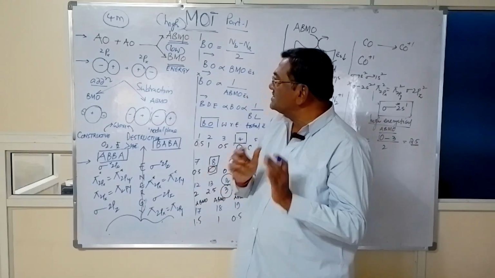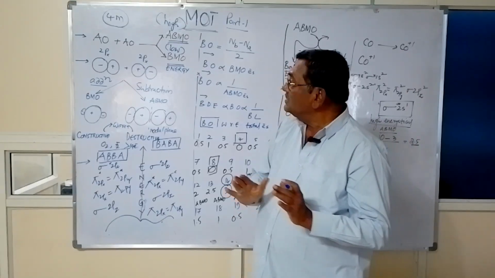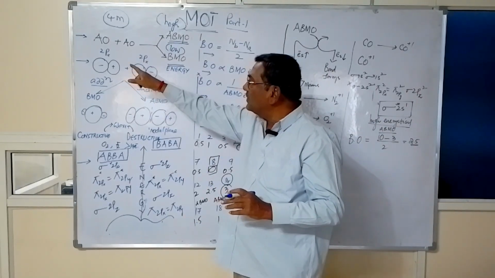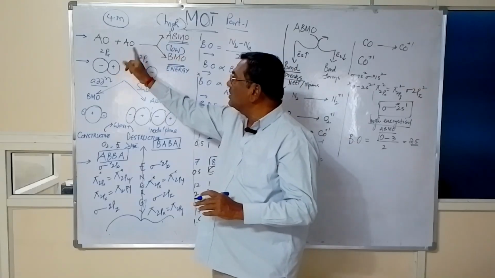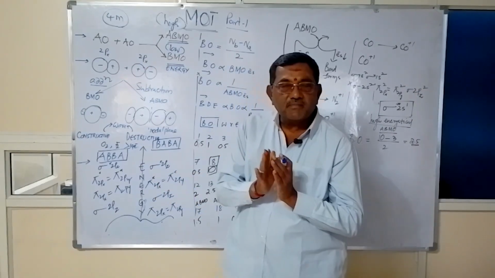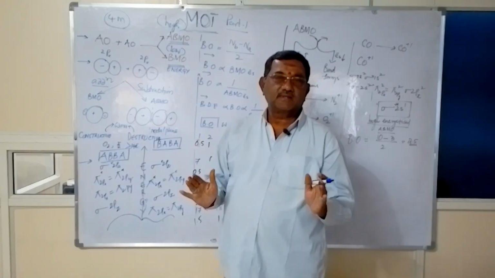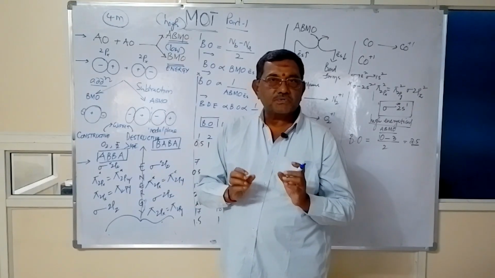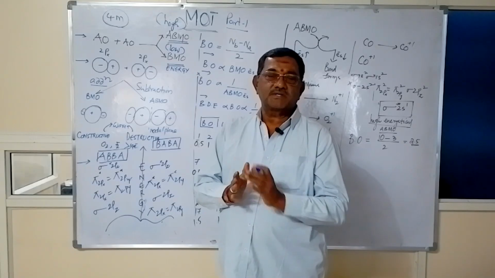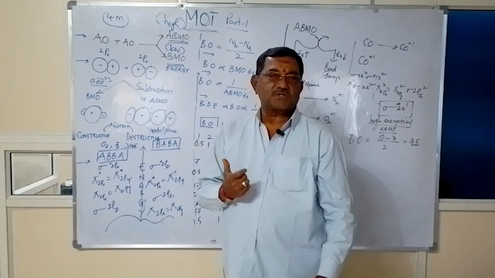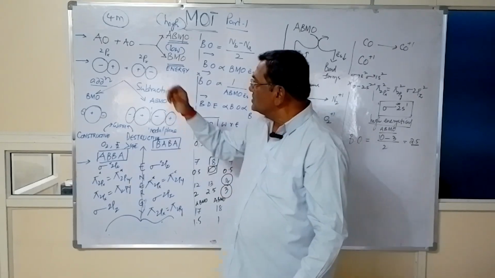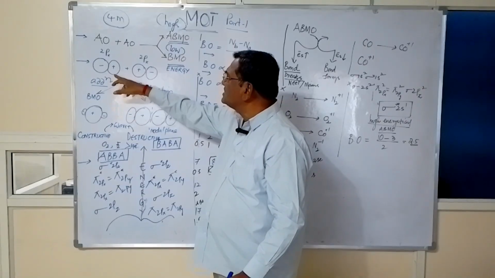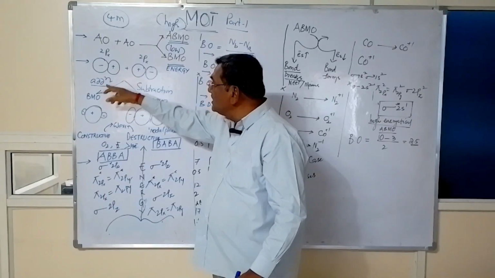So this is the first case. What's the point here? The atomic orbitals should have the same energy as well as the same orientation, along the axis or in between the axis. Generally we show addition.